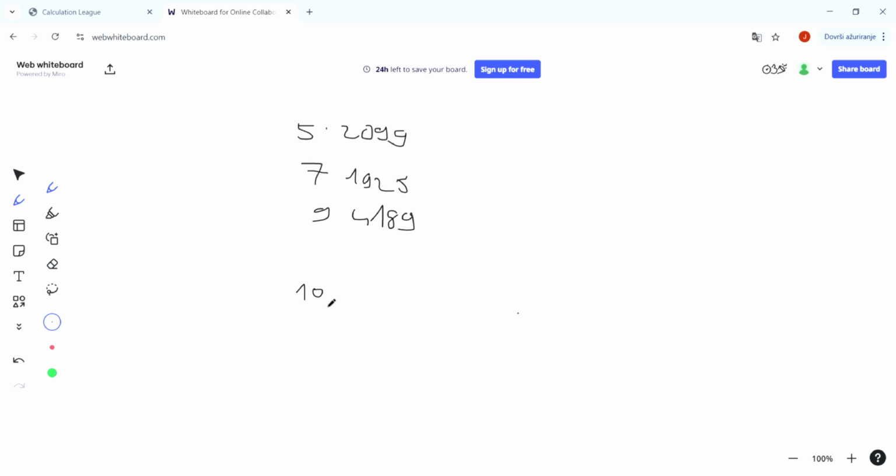Plus 7 times 1 is 7. Plus 9 times 4 is 36. So I know this is 53. So I memorize 53. And then what do I do? The thing is, you can prove that in theory of numbers, but I won't be proving that now.